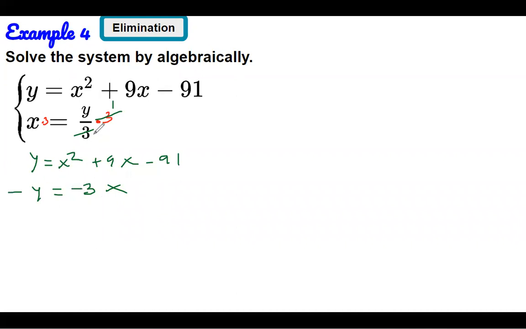You change the signs of your values here. So what happens to my y's? They go to 0. Combine like terms. Notice here that x squared and negative 3x cannot be combined. It has to be 9x and negative 3x. Since we're combining like terms, you have to keep the same idea.